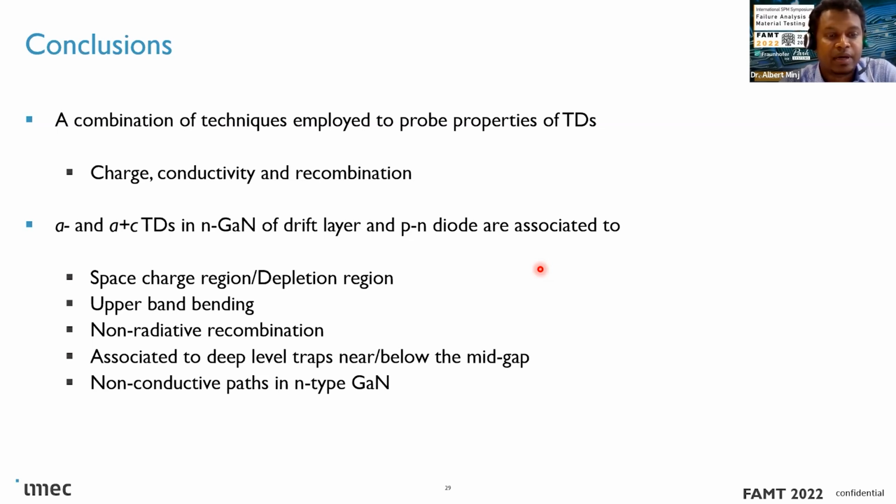By combining both TCAD simulation and scanning capacitance microscopy analysis, we confirm that they are situated certainly below the mid-gap. And in the end, these dislocations are certainly not going to play a big role when it comes to high voltage applications because they are incapable of conducting current through them.